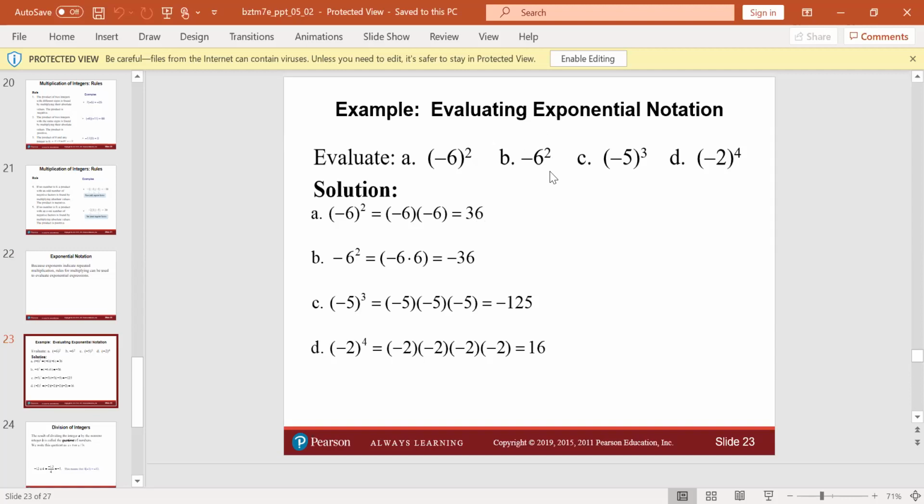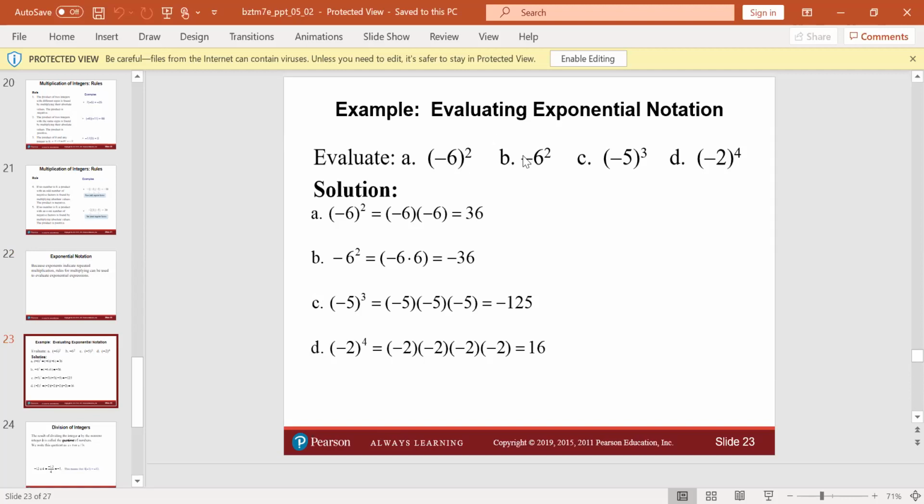Now this is confusing, isn't it? You just said (-6) squared is positive 36. Then you come over here and say -6 squared is negative 36. This is one of those rare cases where you have to be careful about how you verbally say something in math and what you really mean on paper. In this first case, you're saying take the number -6, the negative sign and everything, and square it, multiply it by itself.